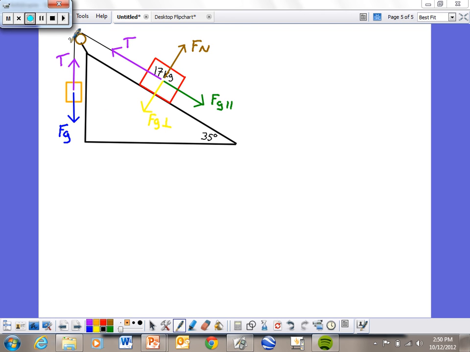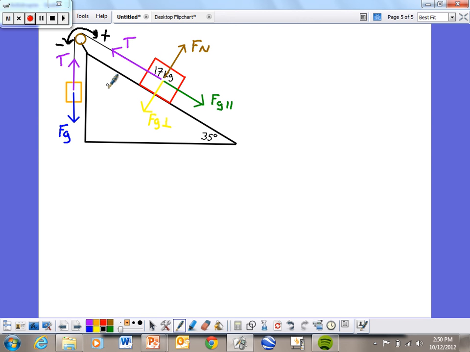And when that happens, we want to make sure that our signs match up. So I'm going to say that any force that makes this system go in a clockwise direction, so this block on the ramp will go down the hill and the block here will go up, I'm going to say those are positive forces. And any force that tries to make this block go up the hill and this hanging block fall, I'm going to say those are negative forces.